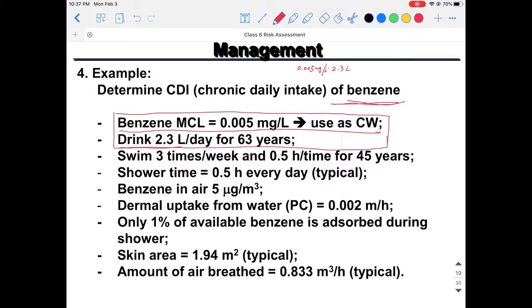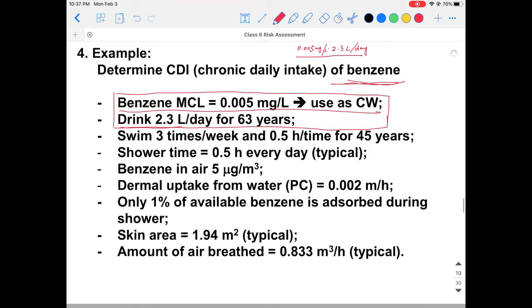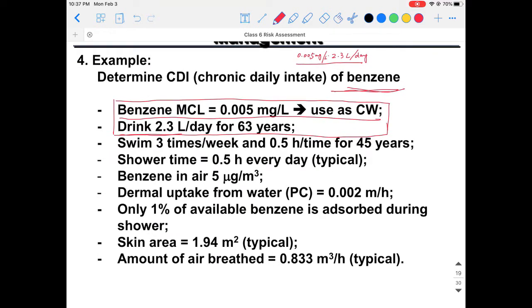This is going to give us a mass of this benzene over each day, right? And then what we just need to do is divide this number by the body weight. Body weight is 75 kilograms. Then we can calculate the CDI that's coming from drinking the water.